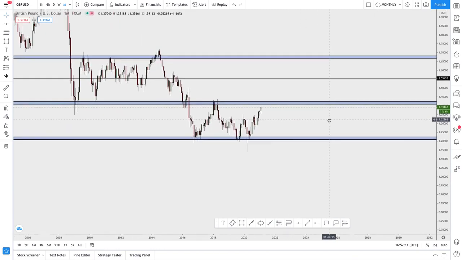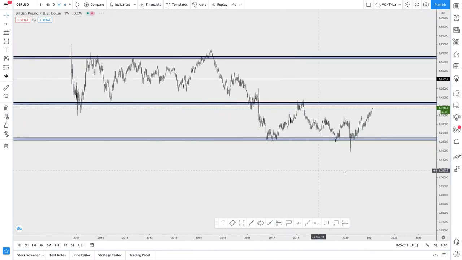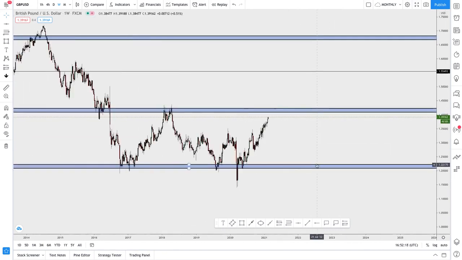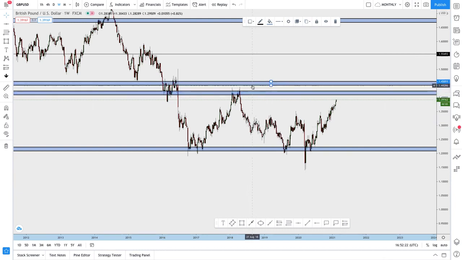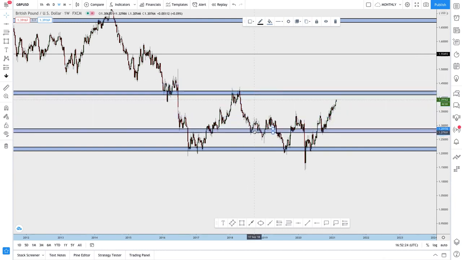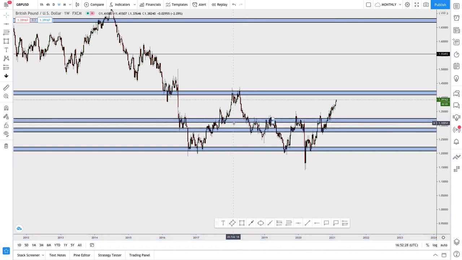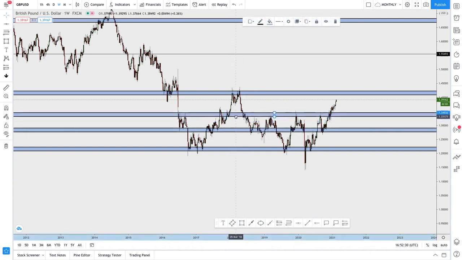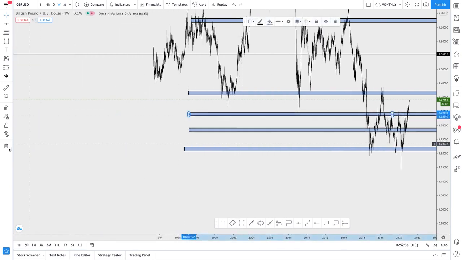Now GBP/USD, we've highlighted the levels on monthly time frames. I think on the weekly time frame, I have some other levels. Some key levels that actually formed here, to be honest. These levels are too thick. Let me delete everything.